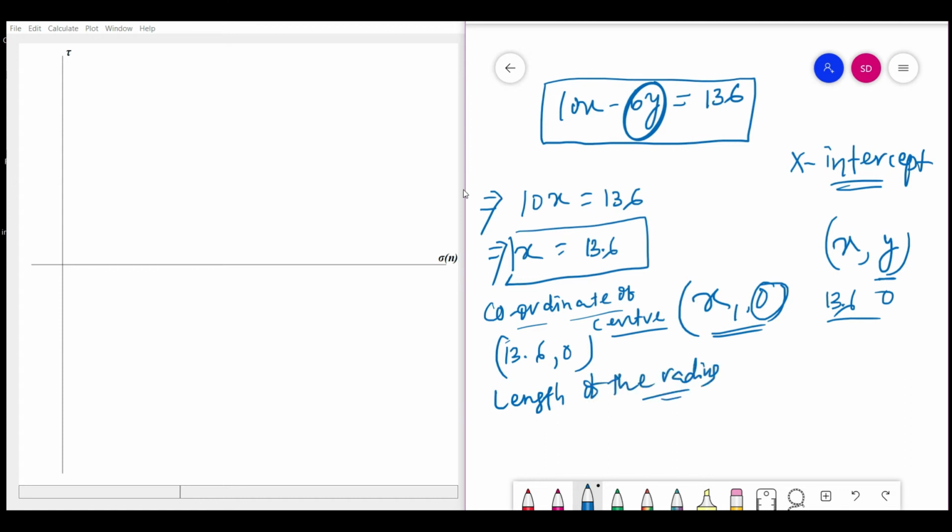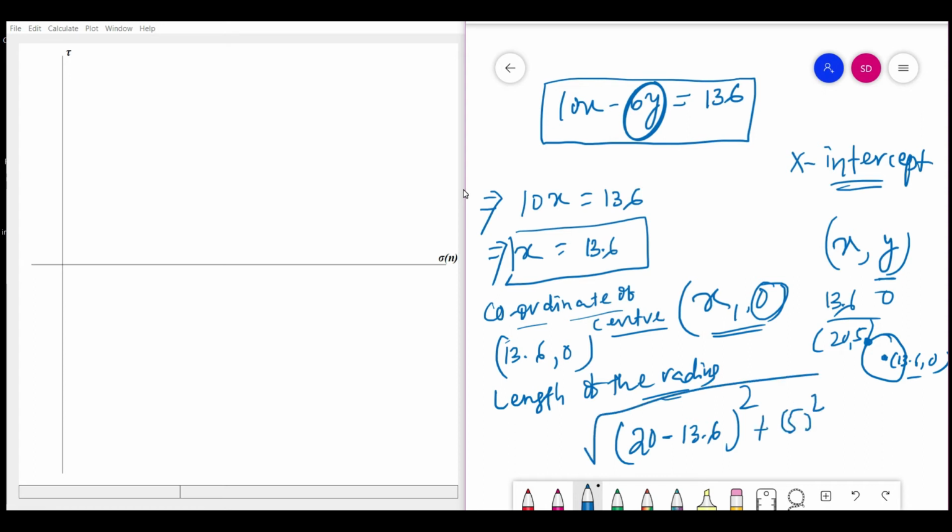The length of the radius will be simply the square root of (20 minus 13.6) whole square plus (5 minus 0) whole square, because in this circle we have the point 20 and 5, and the center is 13.6 and 0.